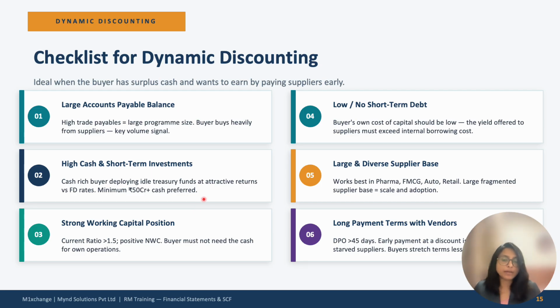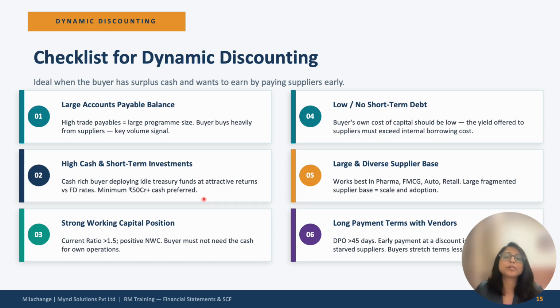Okay, the second requirement is there should be high cash. Of course, if it's dynamic discounting, the company has to have cash sitting on its balance sheet. There should be idle treasury funds at attractive rates versus the FD rates, because if they come on the dynamic discounting platform and get the same rates as they get in the FD, then there is no use for the buyer to use this product.